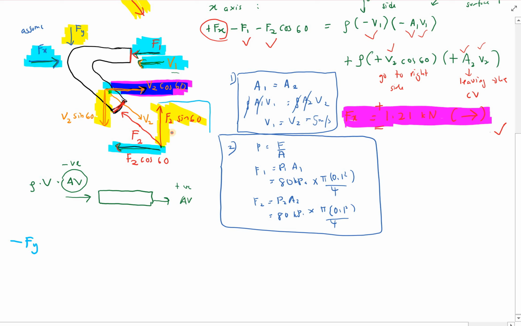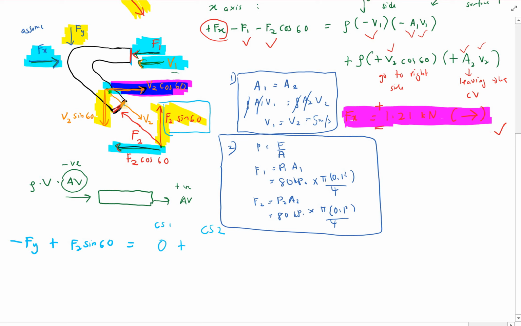You have here F2. So it's going upward, so positive F2 sine 60, equal to, now look at the velocity component. Control surface 1, here is your control surface 1. There is no vertical force acting on your control surface 1, equal to 0. Plus, now look at your control surface 2.